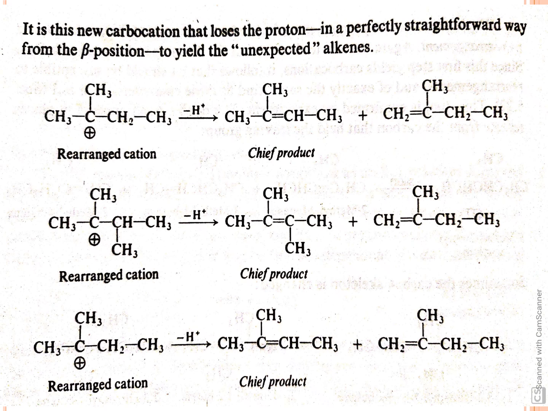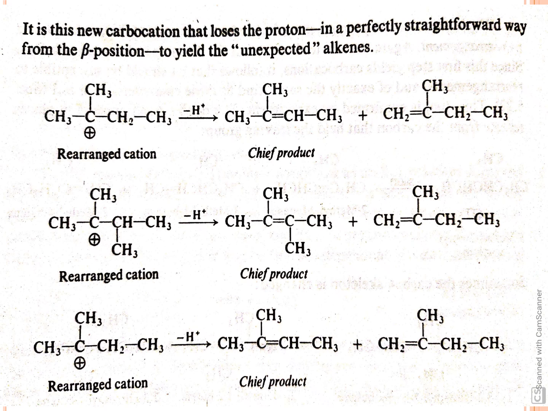In the second product, the minor product, the double bonded carbon is bonded to an alkyl group on one side and on the other side two hydrogens are there. That means the product in which the double bonded carbons contain more alkyl groups attached on both sides is preferred over the other product.